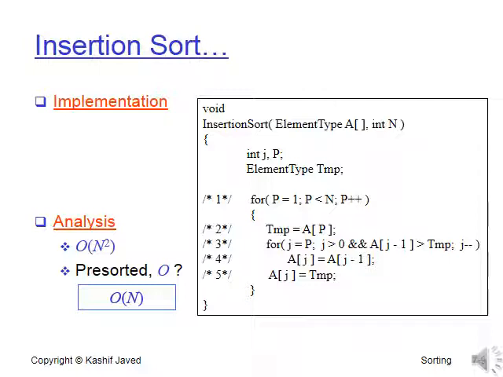Next, you have another for loop where integer j is initialized to p. Now, the Boolean condition j greater than 0 and array A index j minus 1 greater than temp. If either one becomes false, integer j will not be decremented and the loop terminates.